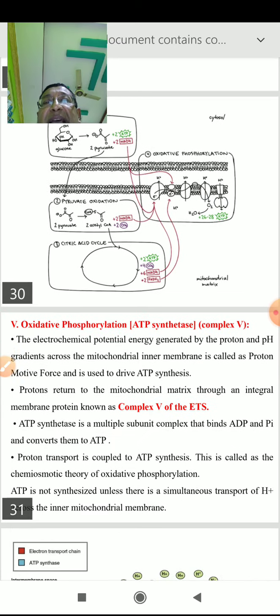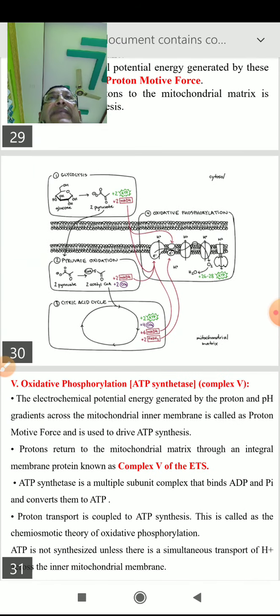In my next diagram, I have shown glycolysis, which takes place in the cytoplasm. This is the starting molecule glucose, and the end material is pyruvic acid. Pyruvic acid is a 3 carbon compound and glucose is a 6 carbon compound. The pyruvic acid now enters through the mitochondrial membrane. This is the outer membrane and this is the inner membrane.